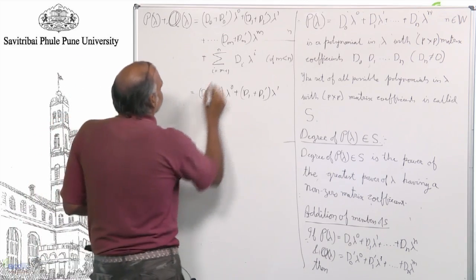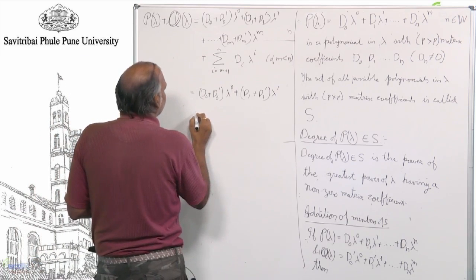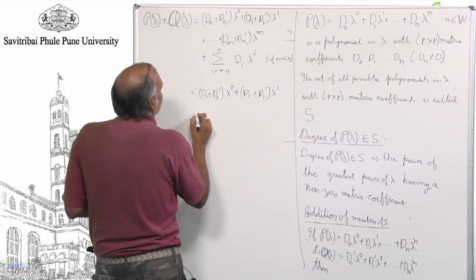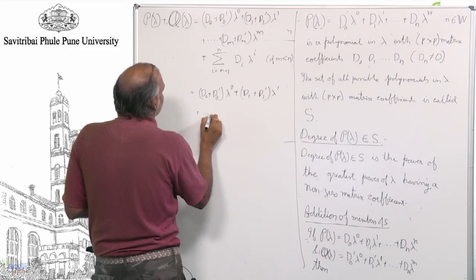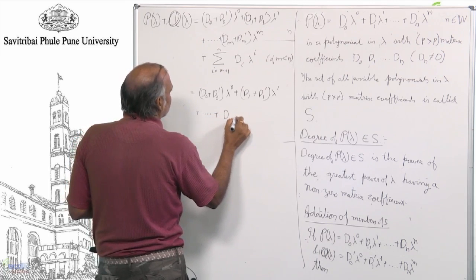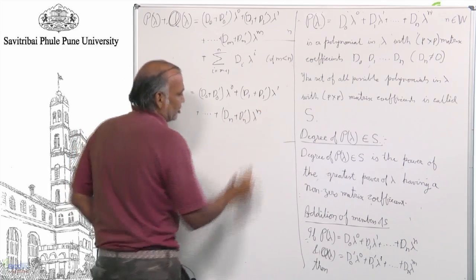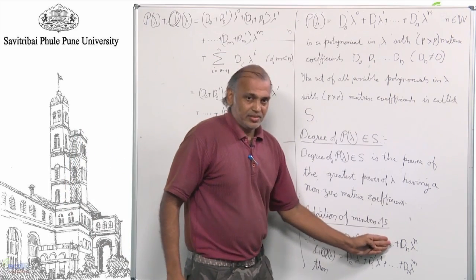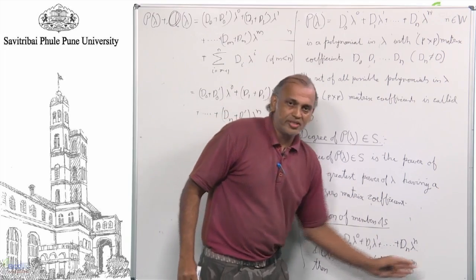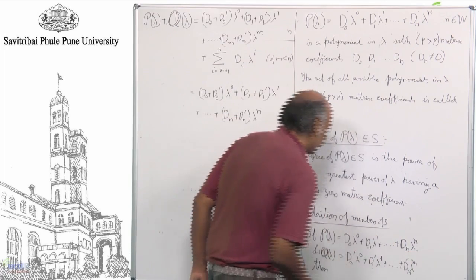So you would have plus dn plus dn dash lambda to the power n. In this case, n is falling short. There are more terms here. This is dash, sorry.